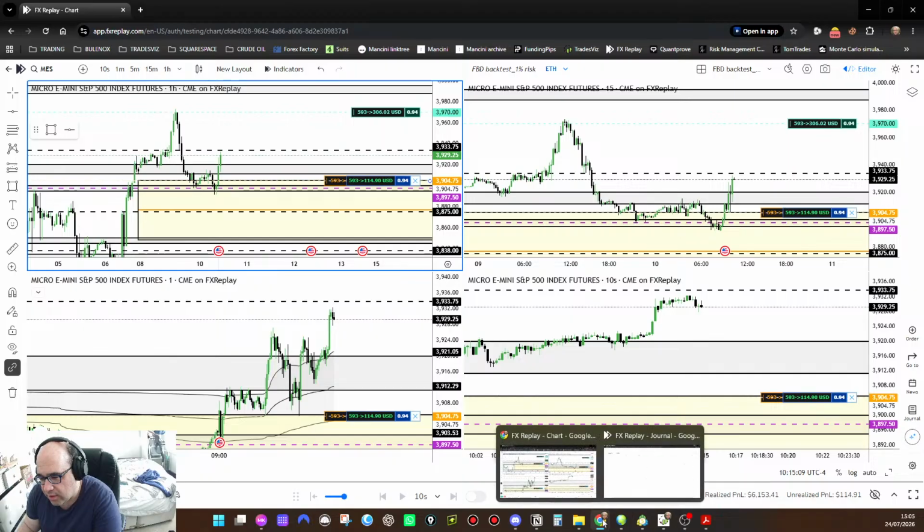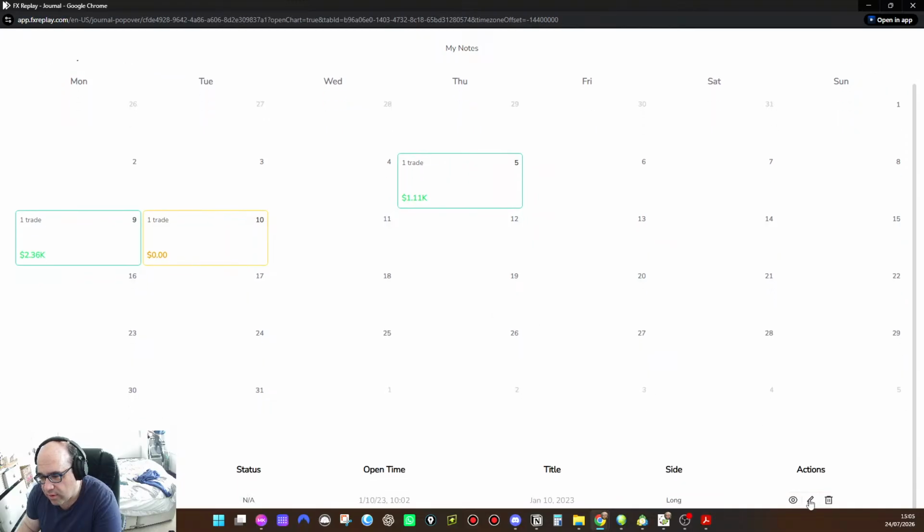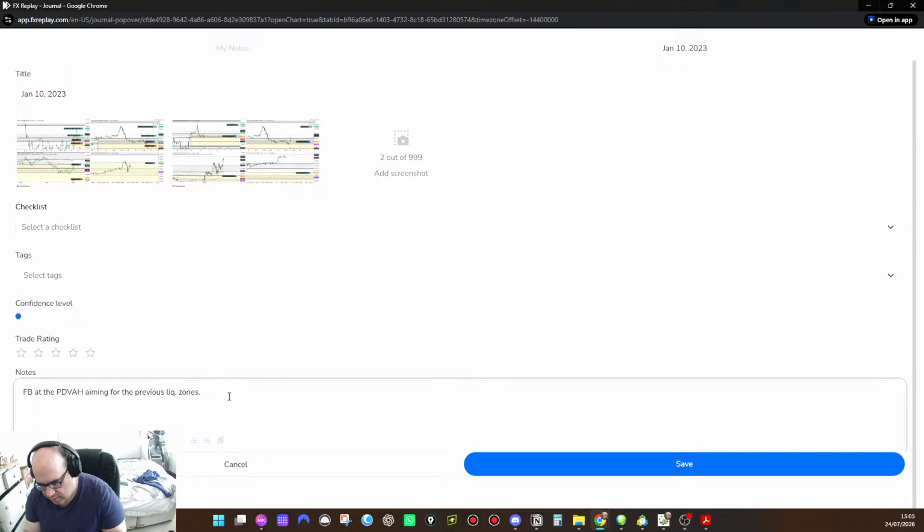We're going back into the journal. We're gonna log this one. We're gonna take another screenshot, and we're gonna say TP1 hit as market is extremely bullish at plus 2 extremes.